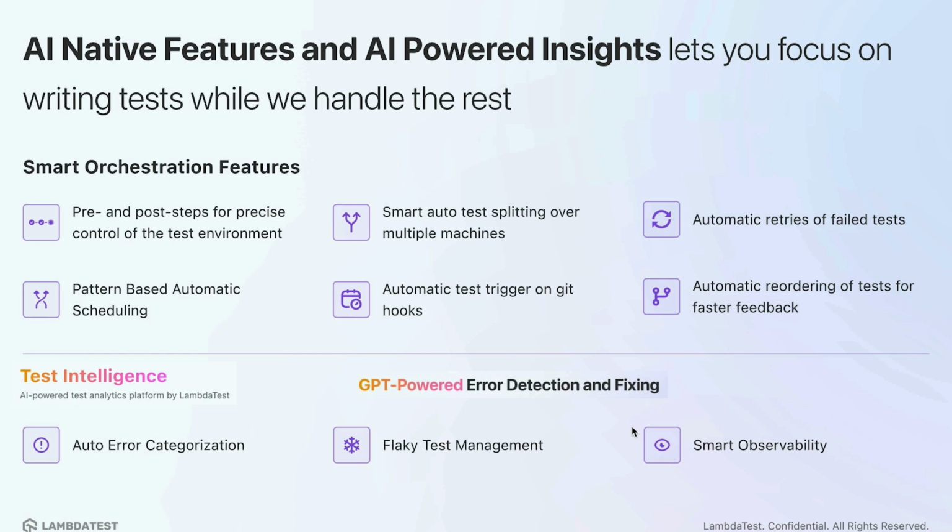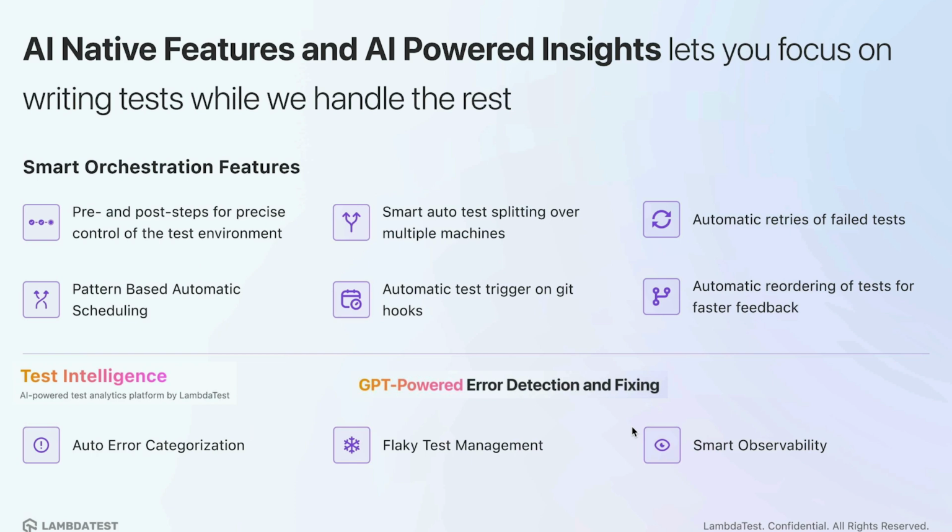They can define how many times they want to retry their test cases. They can schedule test executions, automatically trigger the test executions based on Git hooks, and reorder test cases for faster feedback, so that they don't have to spend time on anything else apart from authoring the test cases.